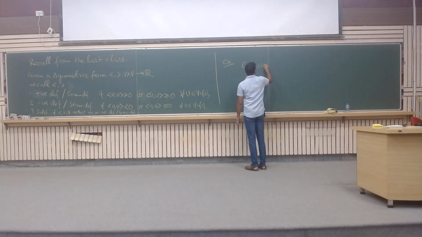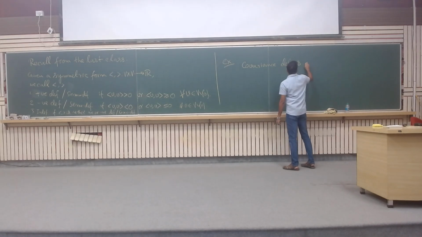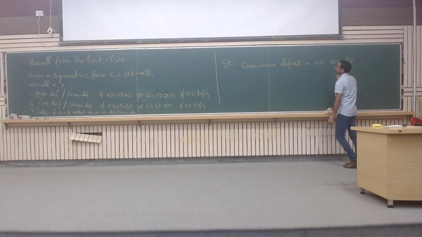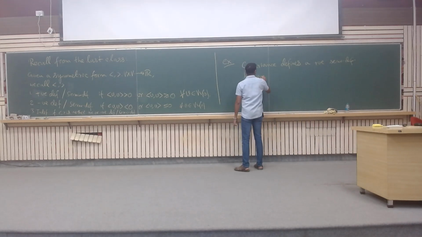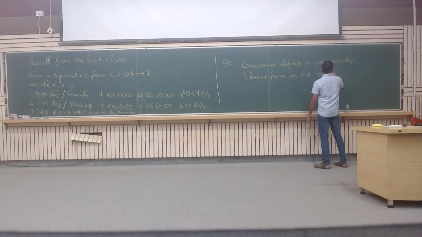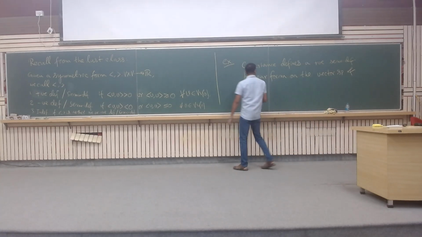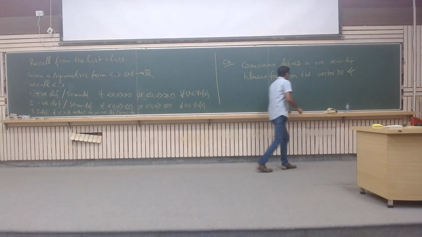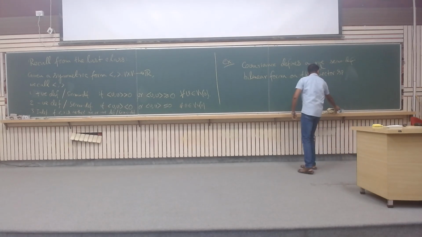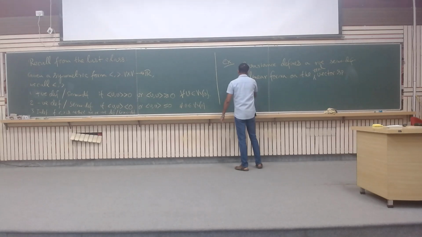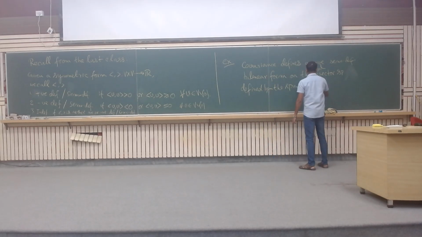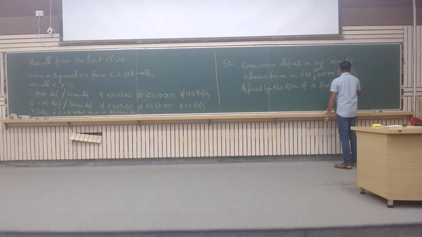Covariance defines a positive semi definite bilinear form on the vector space of real linear combinations, okay, on the real vector space defined by the span of a finite set of random variables.